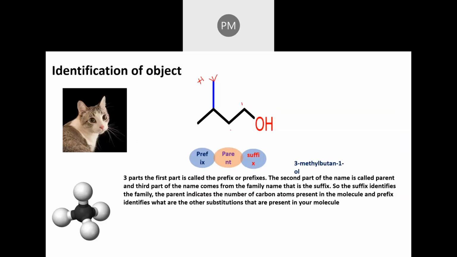This will be 1, this will be 2, this will be 3, and this will be 4. So in total 4 carbons, so it is butane, and the methyl is present here, at position 3. So 3-methylbutane, and for alcohol we give the name 3-methylbutanol, or you can say 3-methyl-1-butanol.